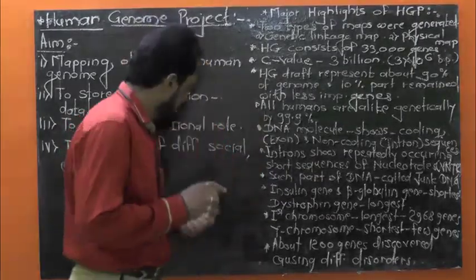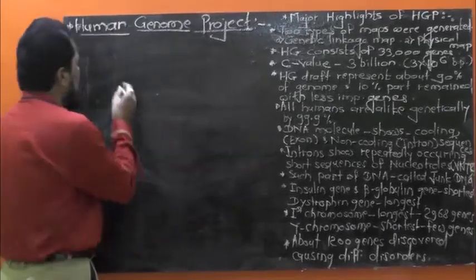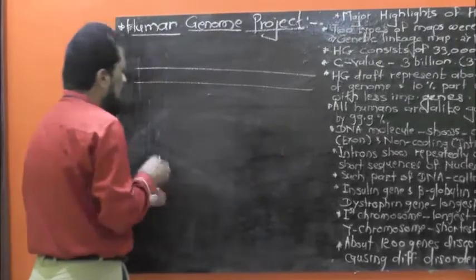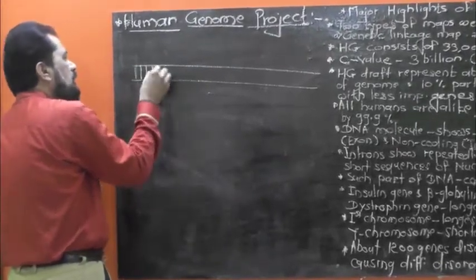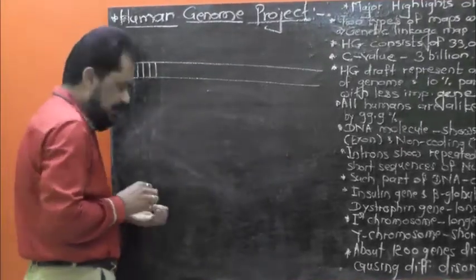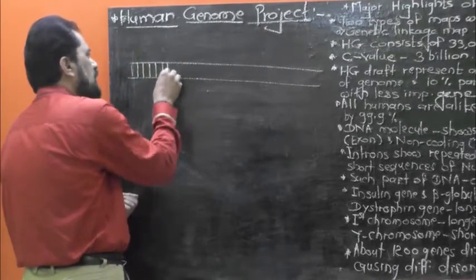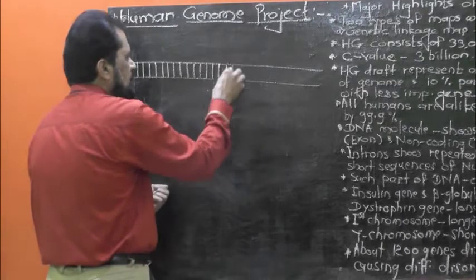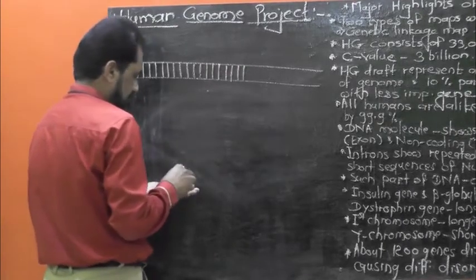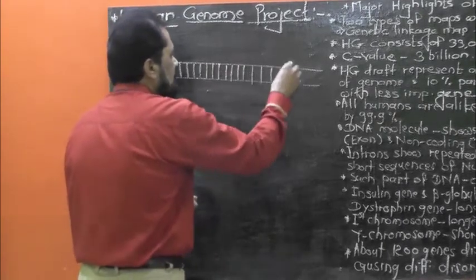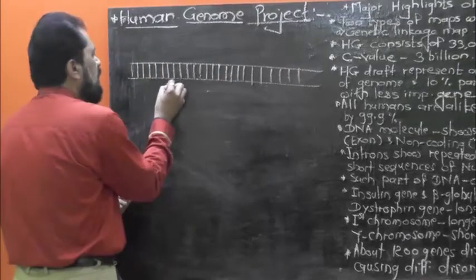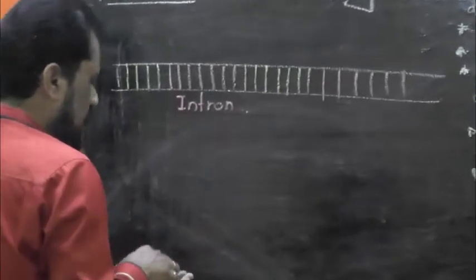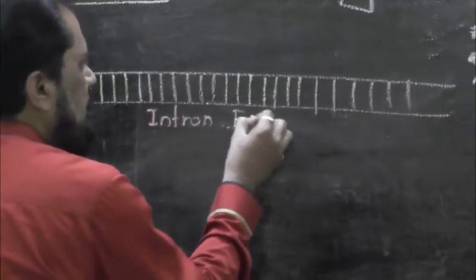Let me explain. Suppose, consider, here is the DNA molecule. In this DNA molecule, these are exons or coding sequences, and these are introns, that is non-coding sequences. Just consider, these pink colored are supposed to be the introns and yellow colored exons.